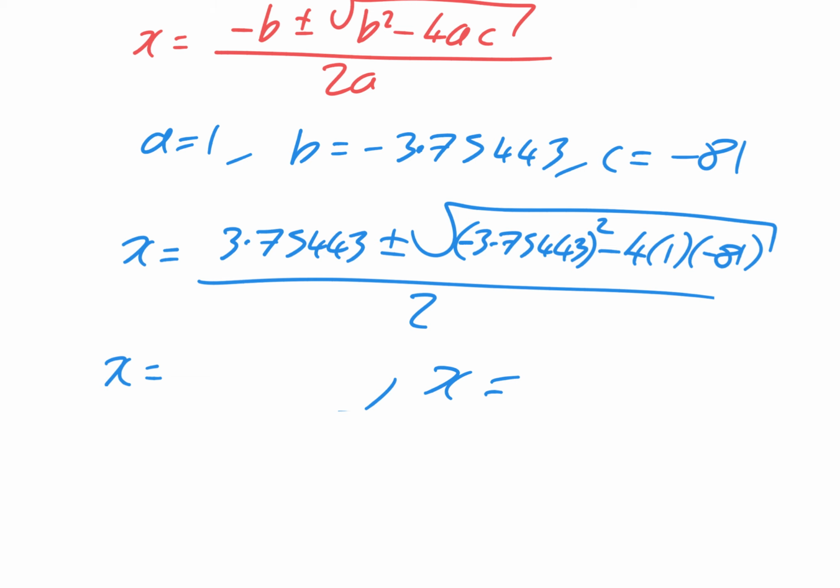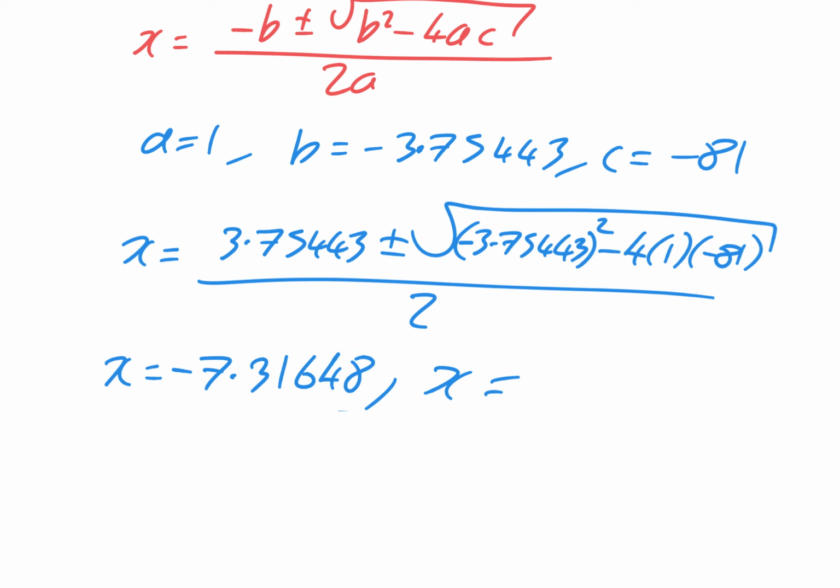That's all inside the square root. Go down to the bottom line. That was all over 2. And when I press equals, I got minus 7.316. I'm not too sure what degree of accuracy I needed here, I'll do another 2 dp.